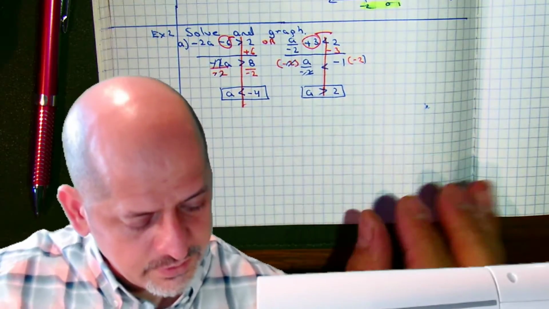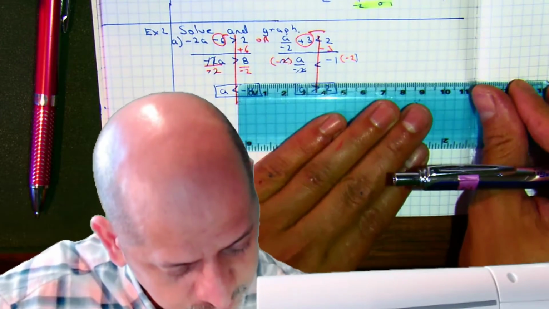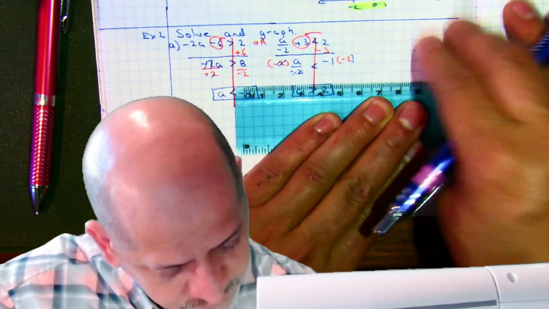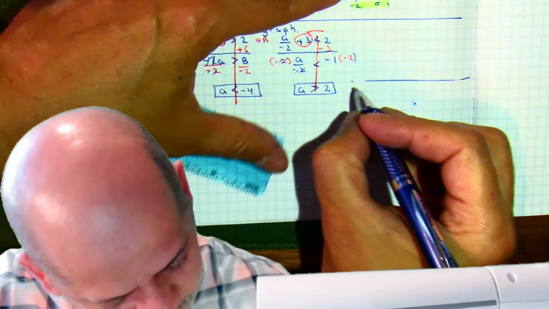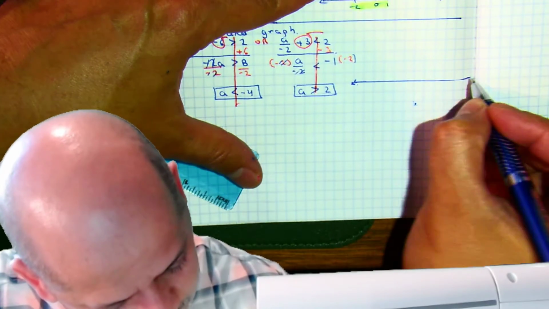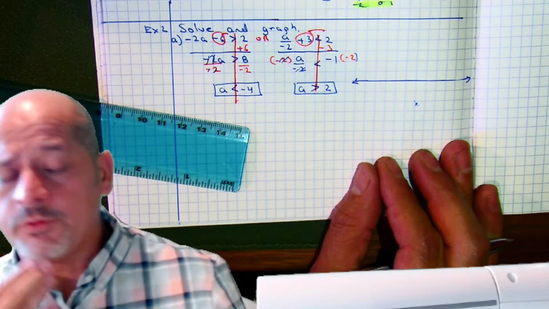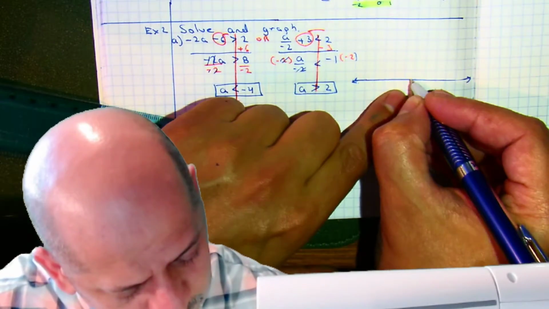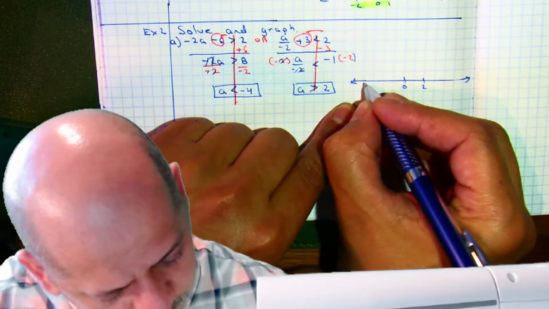So let's go and graph it. And I'm going to graph it on the right, so I have enough space for my next problem. Let's see, we have 2 and 4, so I'll place my 0 in the middle. We have +2 and -1, 2, 3, 4.